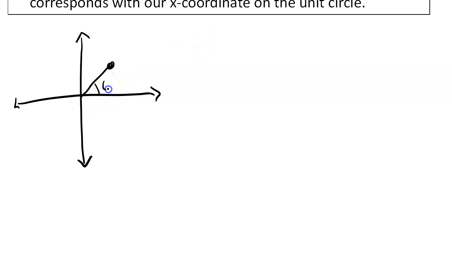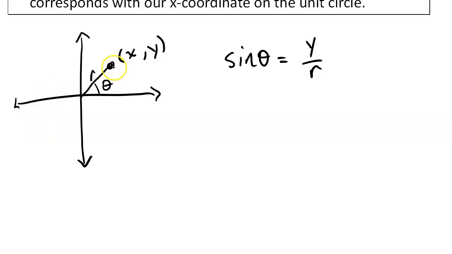Remember that in our old definition of sine from last chapter, we use the fact that there's going to be a point on the terminal side of an angle, and that point will have coordinates x, y. If we call the distance between the origin and this point x, y, r, the definition of sine theta is going to be y over r, because we can make a right triangle here.